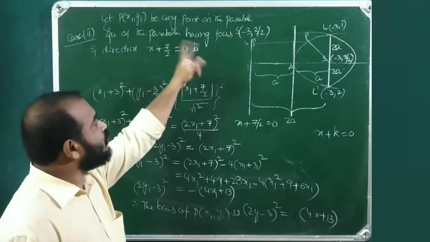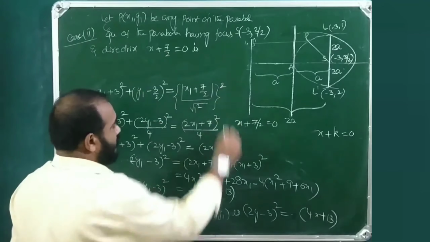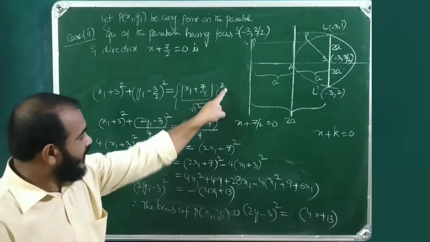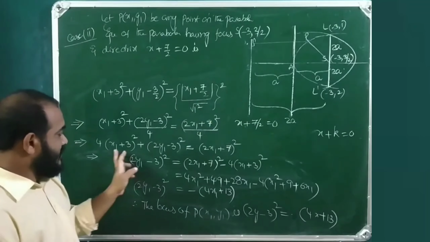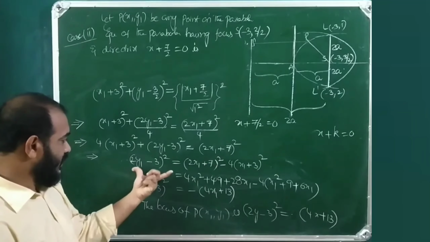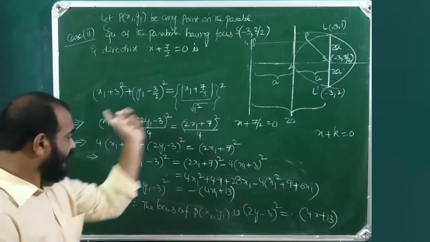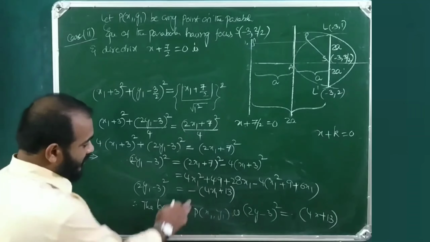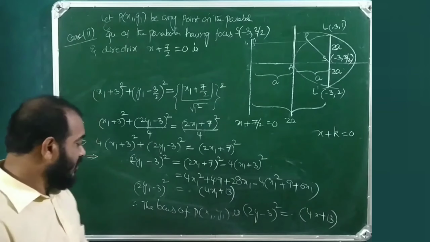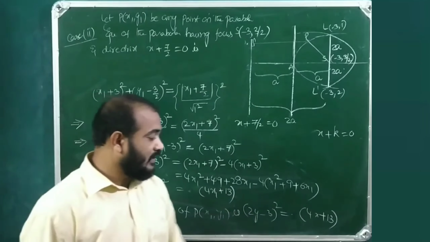Last case we have taken x plus 5 by 2 equals 0, so in place of 5 by 2 I changed it to 7 by 2 here. So this is (2x plus 7) whole square by 2 square, that is 4. I have taken the LCM and simplified, keeping (2y minus 3) whole square intact, and (2x plus 7) whole square I have transposed and simplified. Then I get (2y minus 3) whole square equals 4x1 plus 13. Therefore the locus of P(x1, y1) is (2y minus 3) whole square equals 4x plus 13.